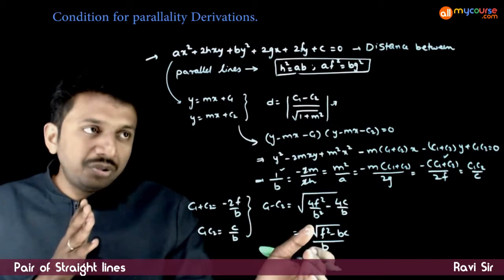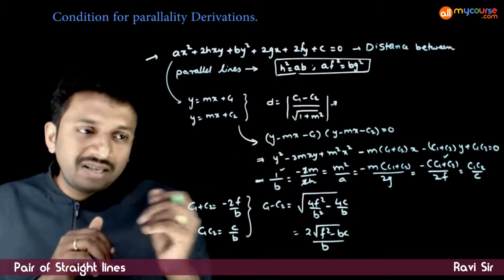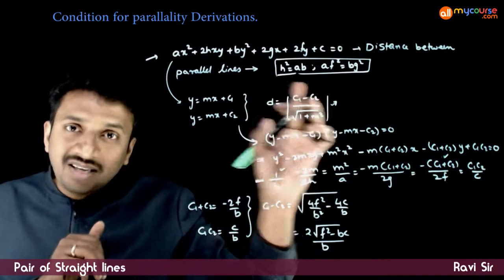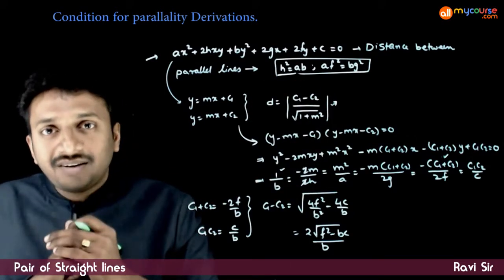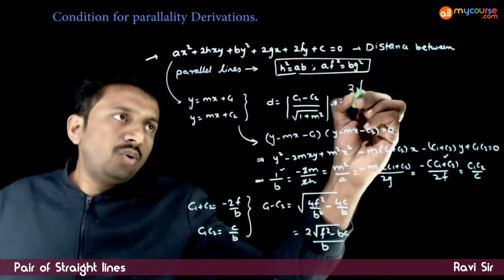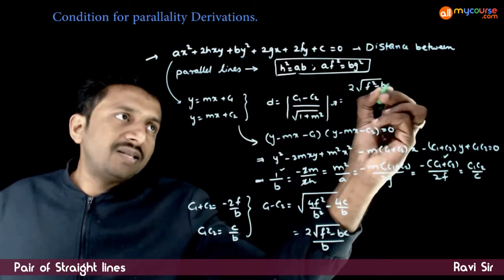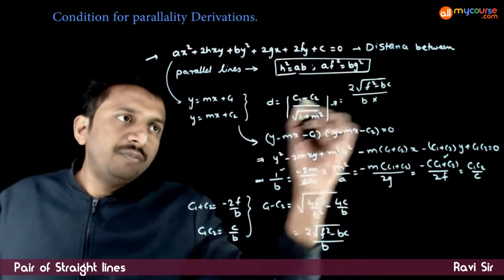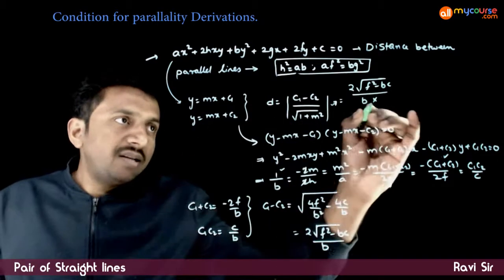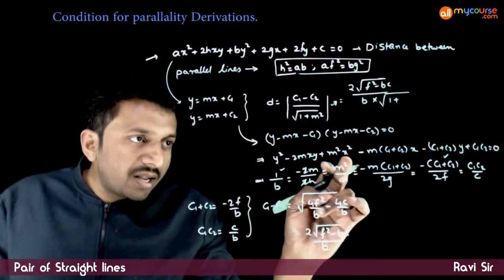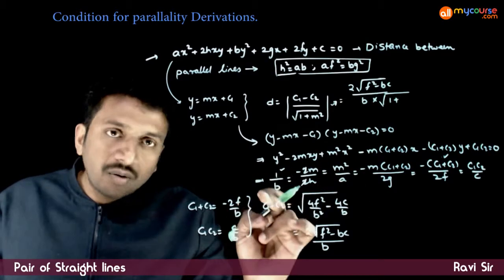So once you substitute c1 minus c2 and m square in this equation, you get the formula for distance between the parallels. So this is equal to 2 root f square minus bc divided by b into root of 1 plus m square. It is root of 1 plus, what is m square? M square by a is equal to 1 by b.